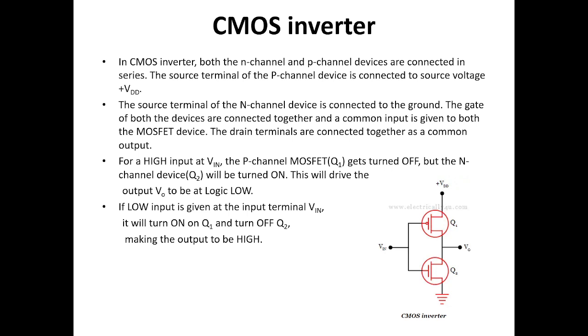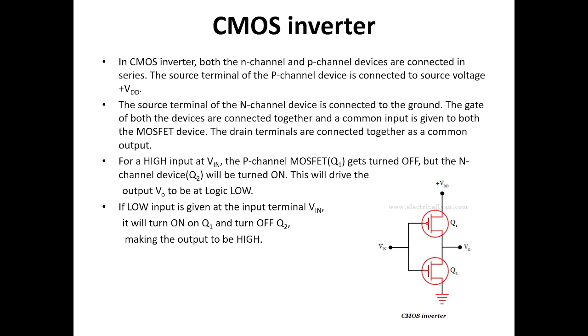The source terminal of the N-channel device is connected to the ground. The gates of both the devices are connected together, so a common input is given to both the MOSFET devices. The drain terminals are also connected together as a common output. So, gate is input and drain is output.